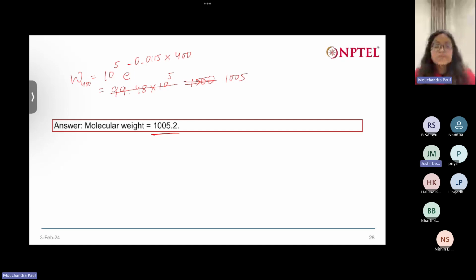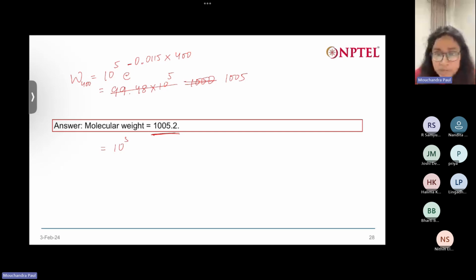Ma'am, can you show the steps in between, like you showed before how to go from exponential to logarithm? Only how this 1005 answer comes. Okay, good. I should tell what others have done and what you should do.